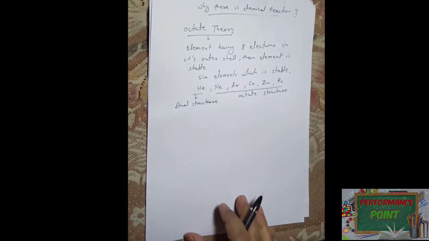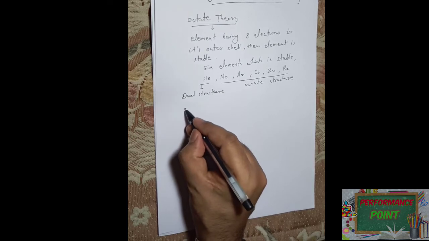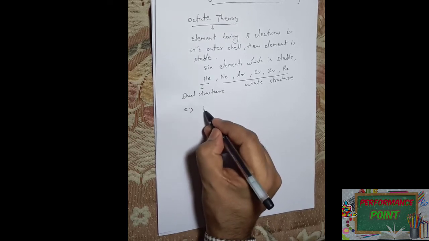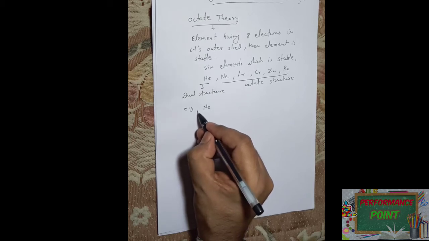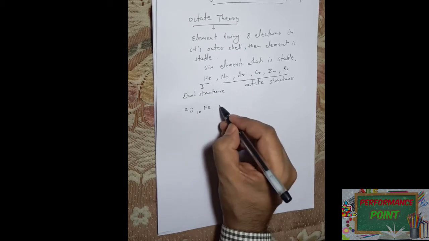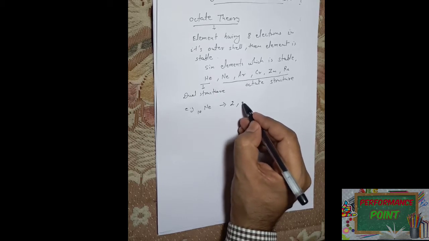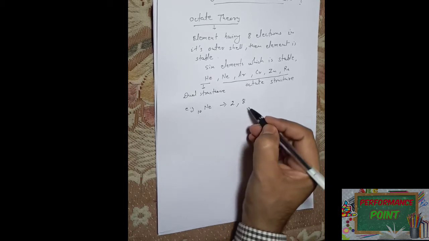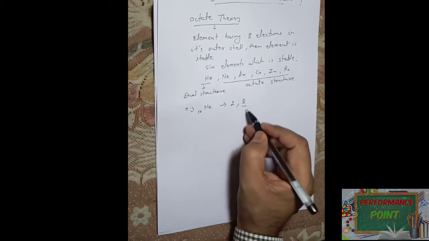Now, as an example, we're going to go for neon. We know that the neon atomic number is 10. Its electronic configuration would be 2 and 8. So the outer shell electron number is 8.